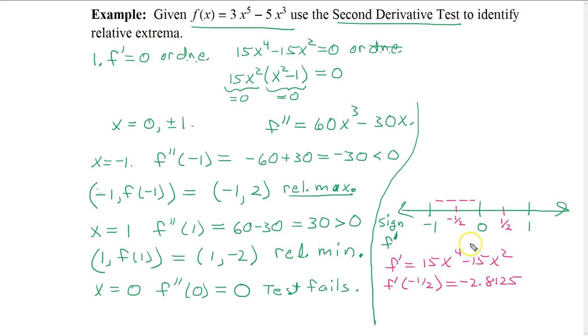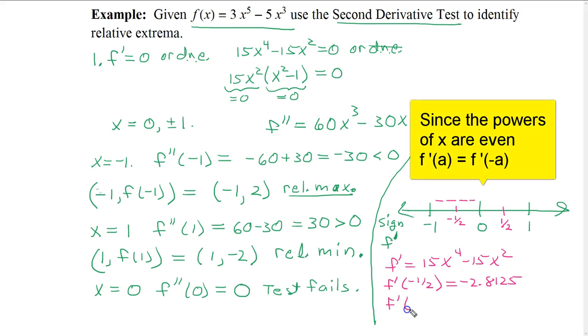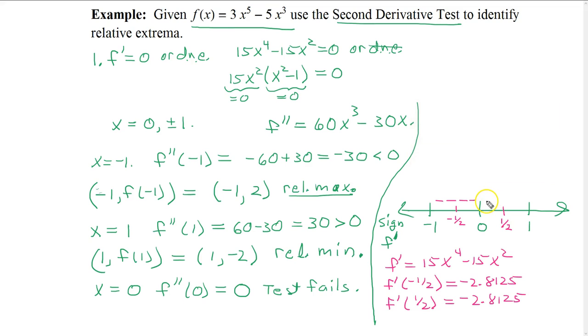If you put positive 1/2 in for f prime, you're going to get back the same number. And so our first derivative to the right of 0 is negative as well. So what that means is that 0 is neither a relative maximum nor a relative minimum.